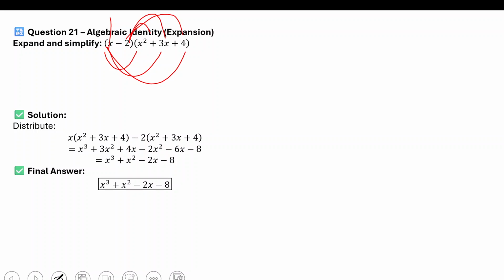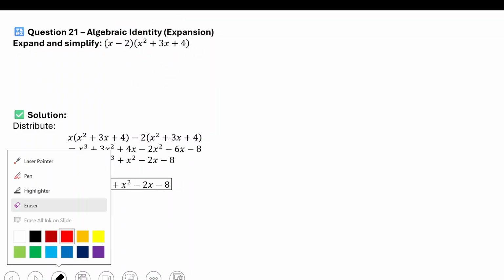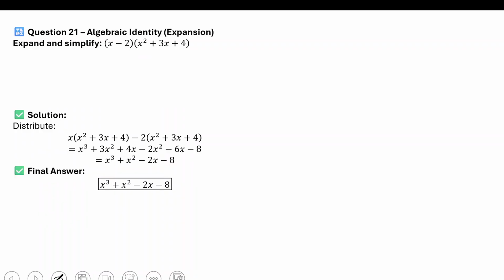So the first x here multiplies this one, and the minus 2 here multiplies the same thing.